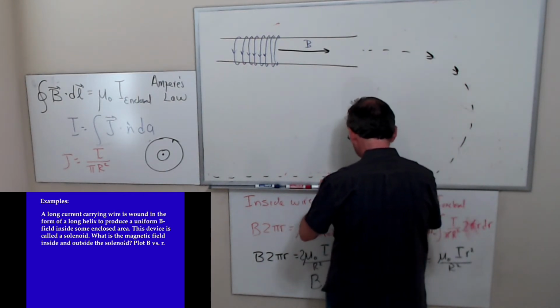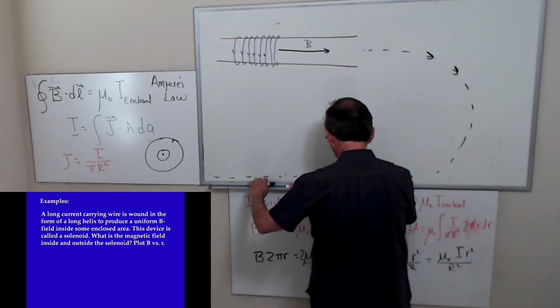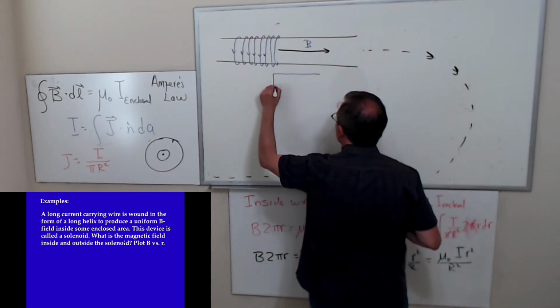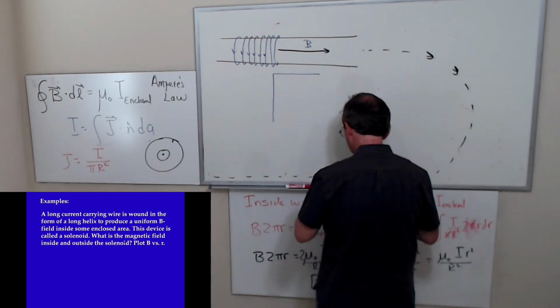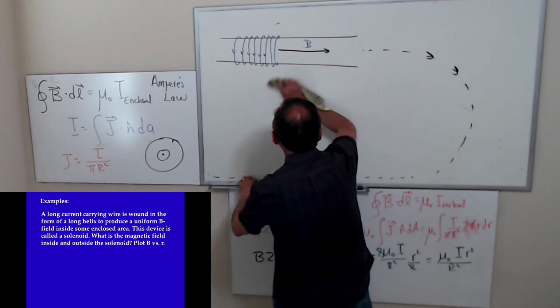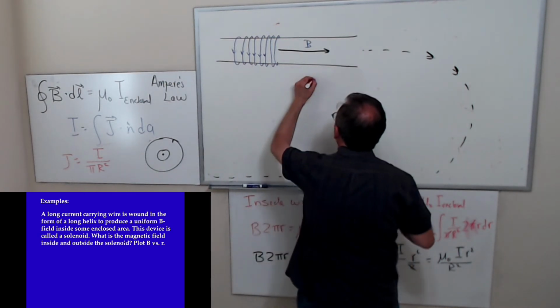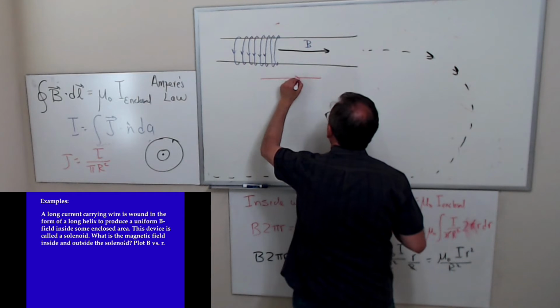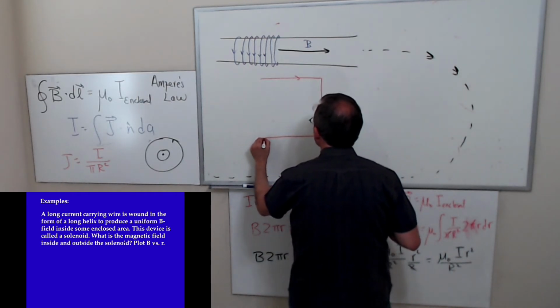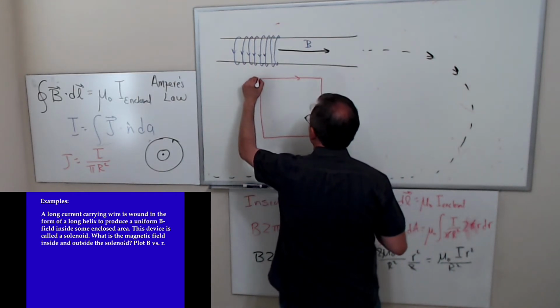And let me choose a loop that is rectangular. I was choosing the wrong color, sorry. I'm going to choose a rectangular loop to do this integral, if you guys don't mind.